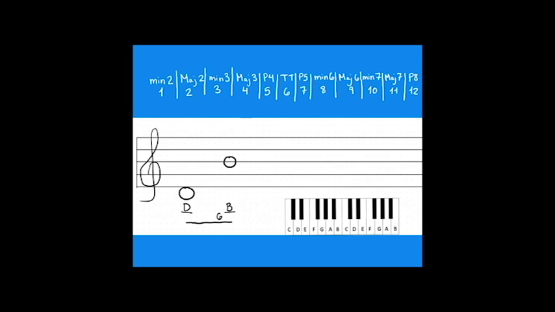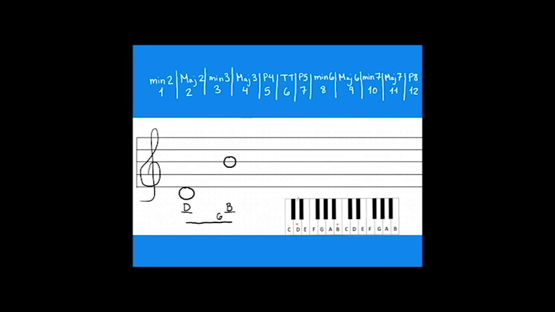So we're going to find our D first, and that's here, and then we want to go towards the right to go up, and so then we want to find B, and that's here. And then we're just going to count half steps to see how many it takes to get from the bottom note to the top note.